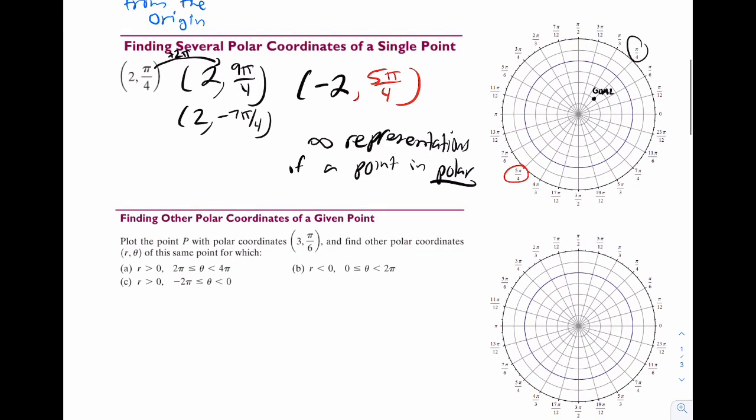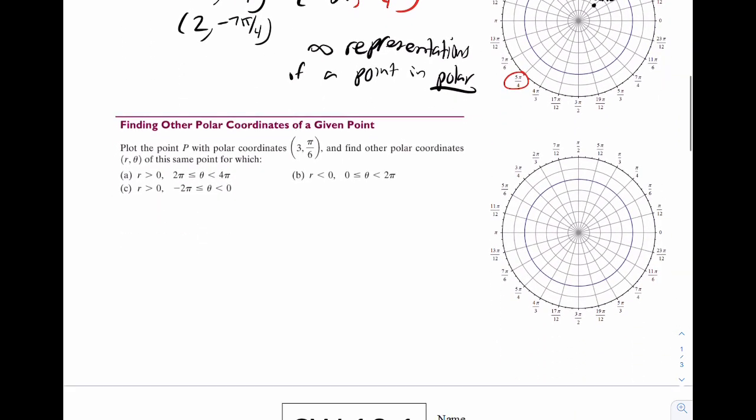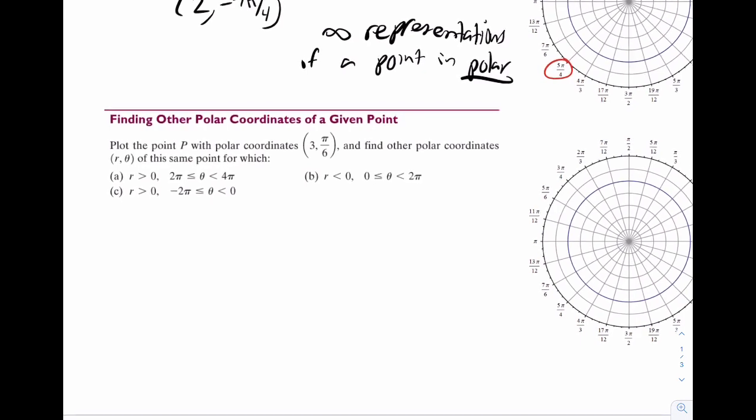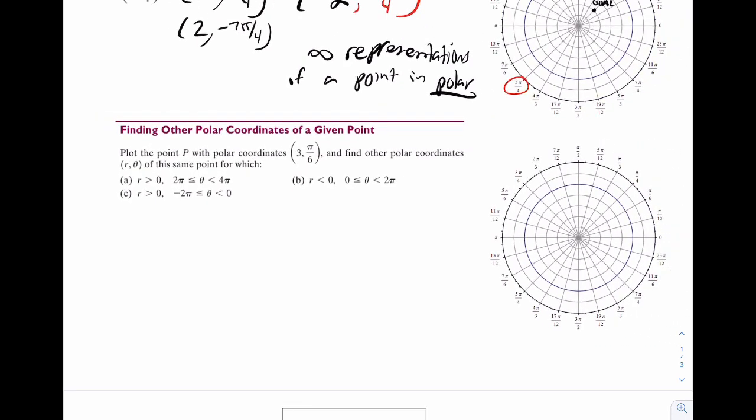So in this next one, let's take a look at this. It says plot the polar point 3, pi over 6. Let's plot that. Pi over 6, go 3 out. 1, 2, 3. So there's our point. And then it gives you specifications. So it's kind of like the last one, except what we're going to do now is just create the point with the guidelines given.